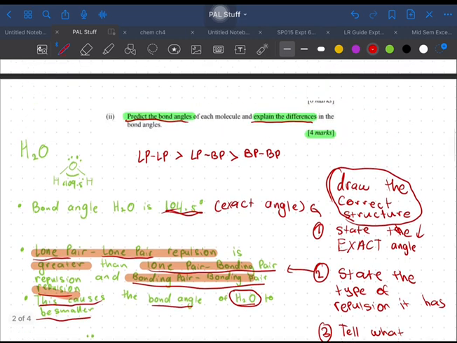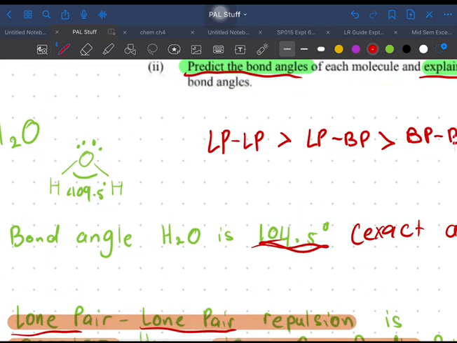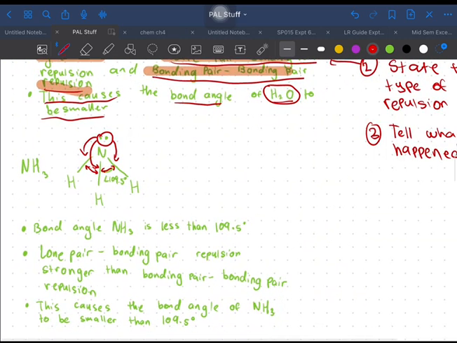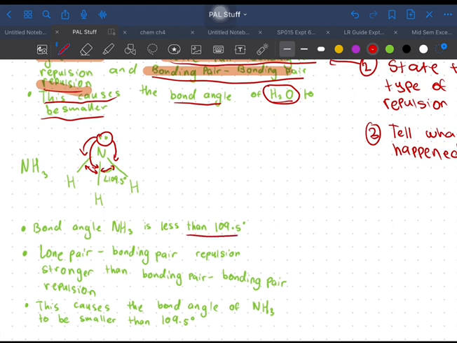So this is H2O. They will push this one away, causing it to become smaller like that. But for NH3, they will push this one. All of this will push each other away from them. Hence, they become less than 109.5 degrees.